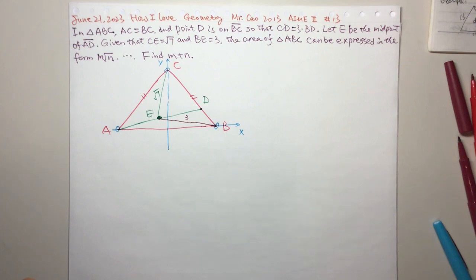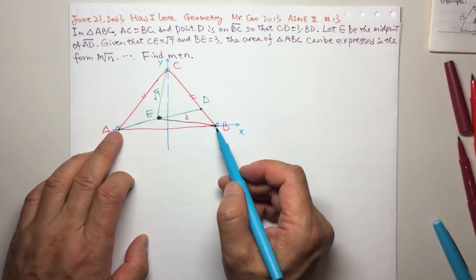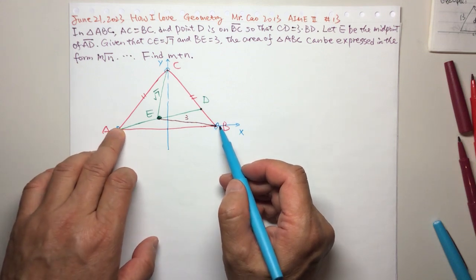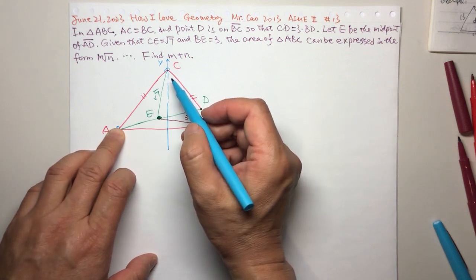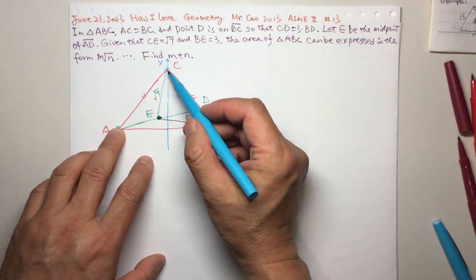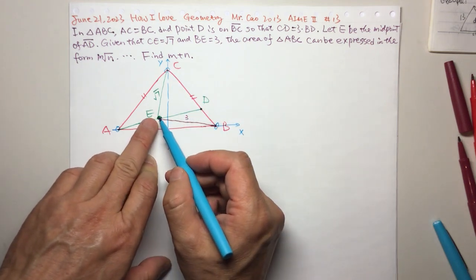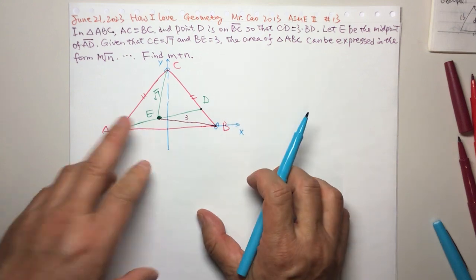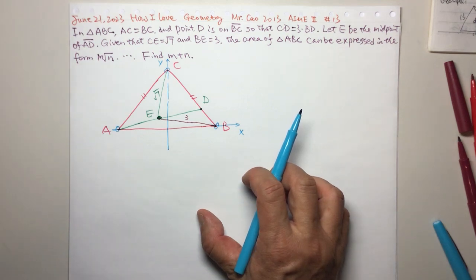properties, right? And we can easily get the coordinates of A, B and C, and it also gives us the distances of these two points, C and E, and B and E. Then we think about the formula for the distance of two points, and write down the equations.